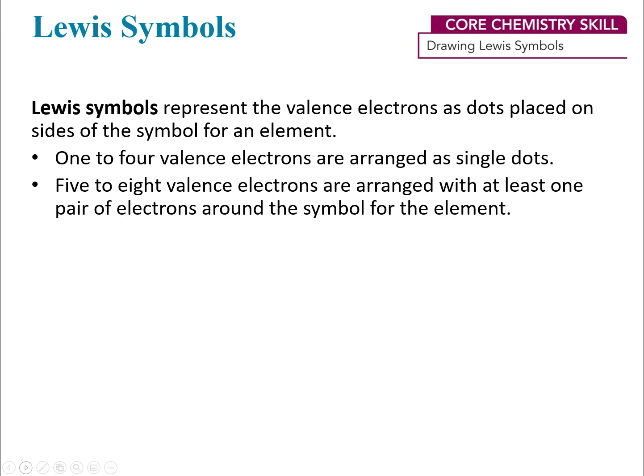We can represent those valence electrons as dots on something called a Lewis symbol. You're going to take the symbol for the element and literally draw dots around it to represent electrons. Let's say that we had sodium.